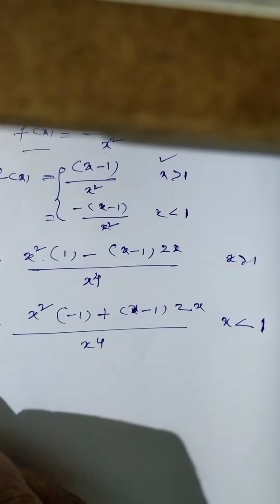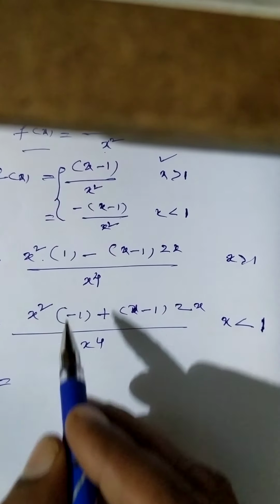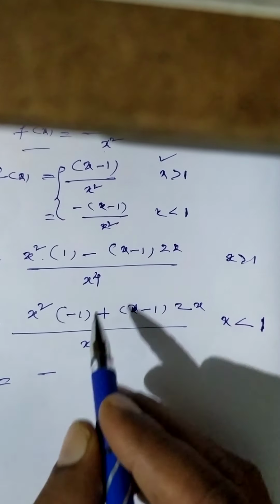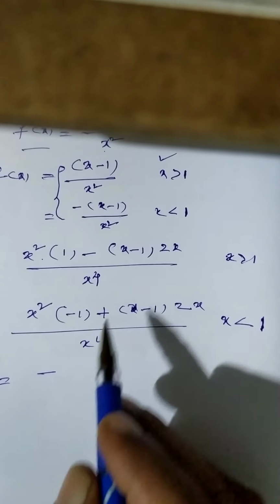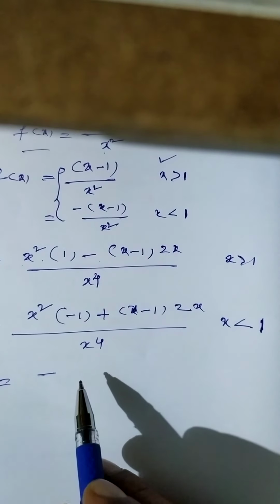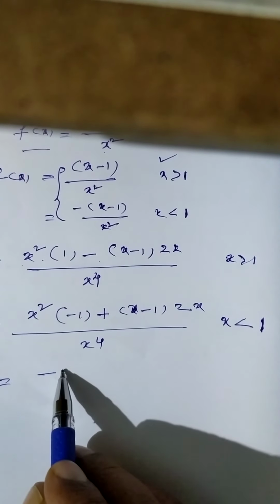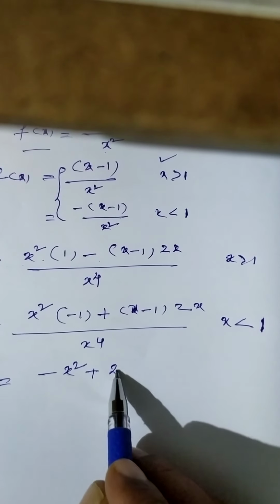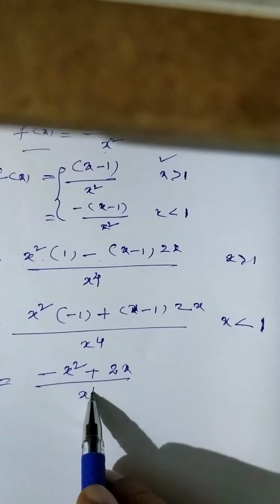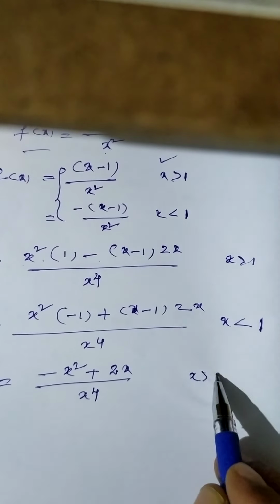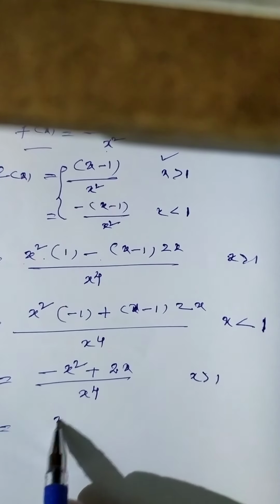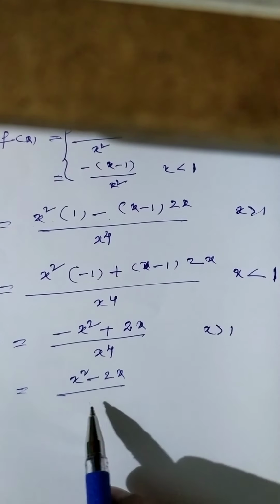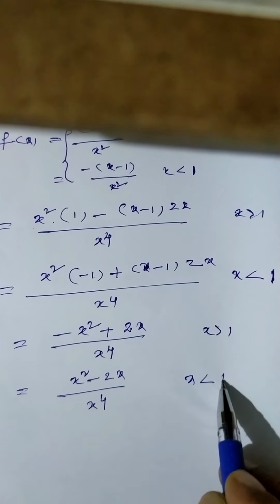So by collecting these two and simplifying, for the first case we get minus x square plus 2x by x power 4 for x greater than 1, and x square minus 2x by x power 4 for x less than 1.